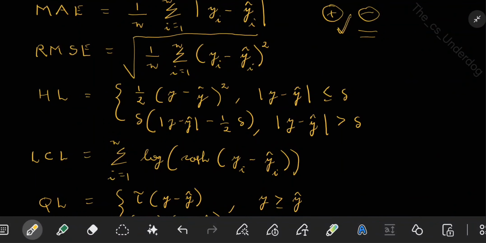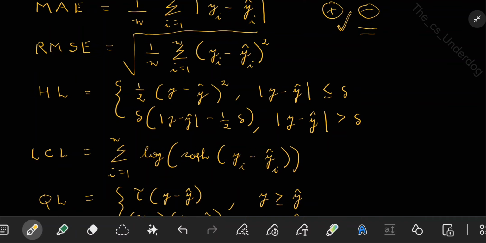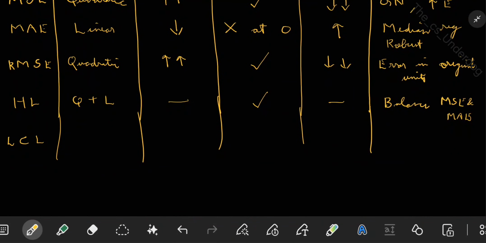We had seen that the log cosh function will automatically have this characteristic: it will behave like MSE initially, and as the error increases, it will automatically start behaving like MAE. We saw in the lecture how this happens mathematically, how cosh and log help achieve this. So in the case of log cosh loss, it automatically behaves both like quadratic and linear.